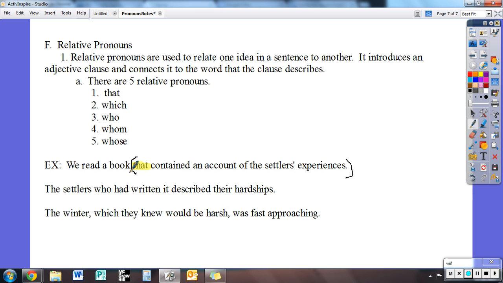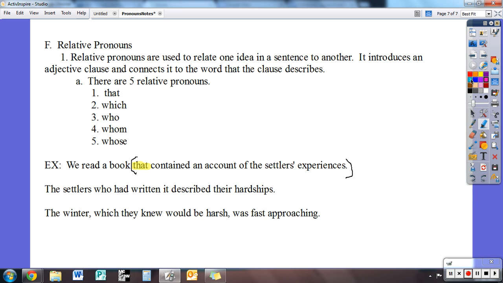So let's go look at the beginning of our sentence and figure out, well, what is it describing? I see the pronoun we. Read, a, no, those aren't pronouns. I see book is a noun. That contained an account of the settlers' experiences. That is not describing we, but it's describing book. So the relative pronoun that is tying all of this information to help us describe the book.